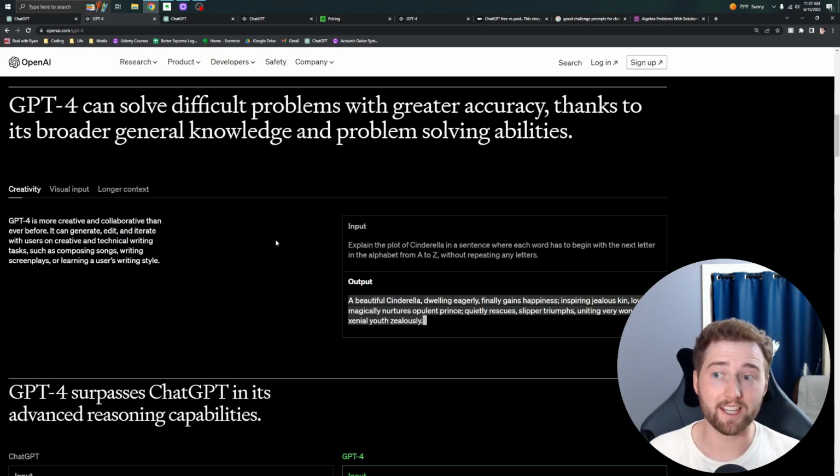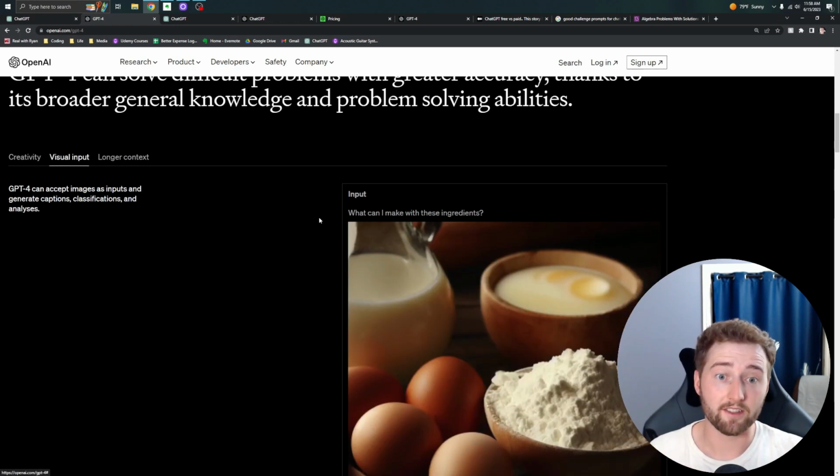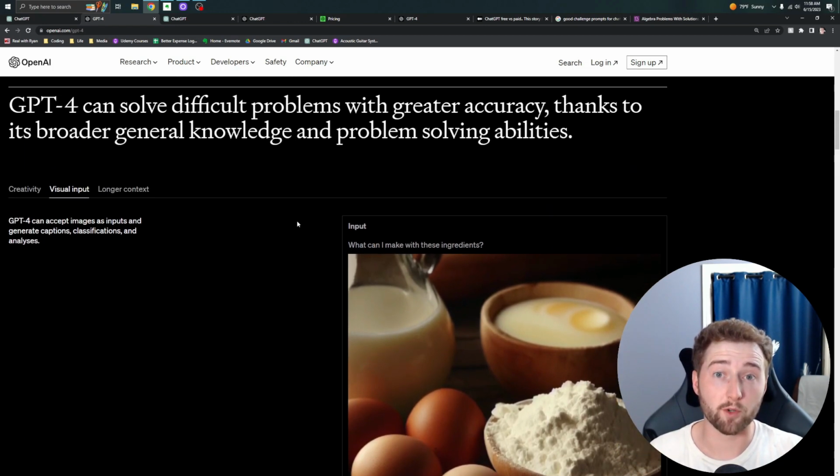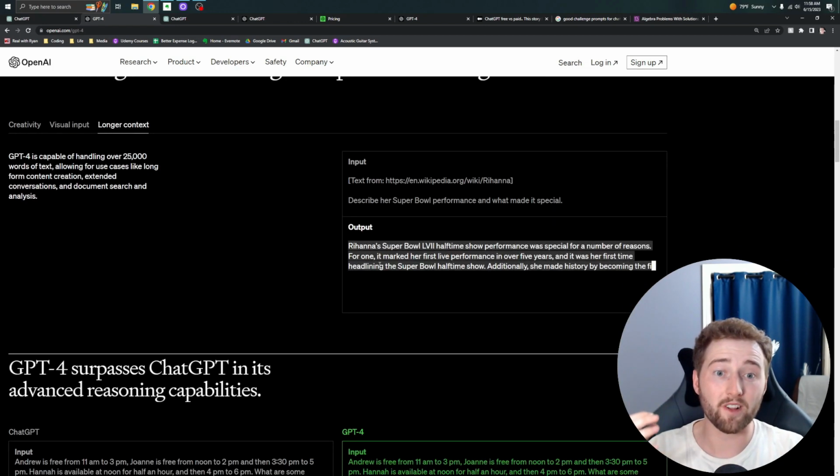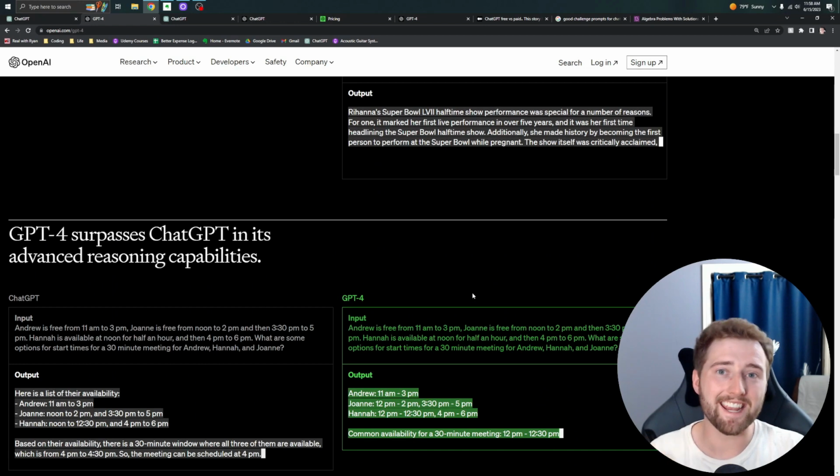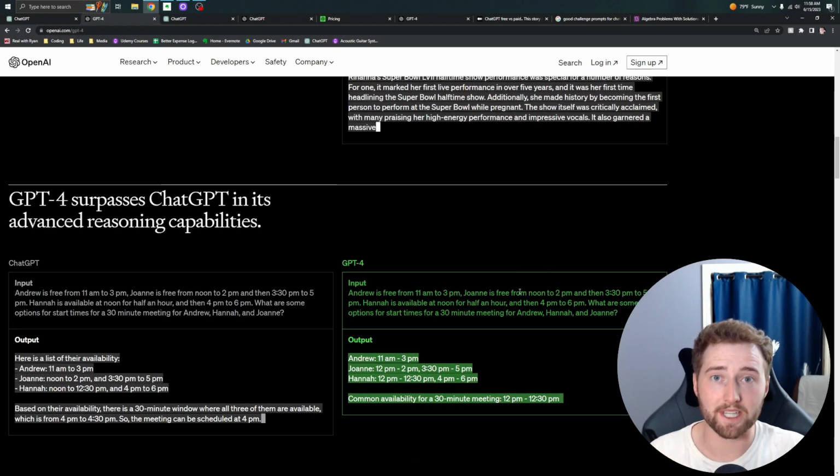There's a handful of things that GPT-4 as a model are touted to improve over GPT 3.5, such as creativity, the ability to process visual input and images, as well as the ability to process 8 times as much text input and output.